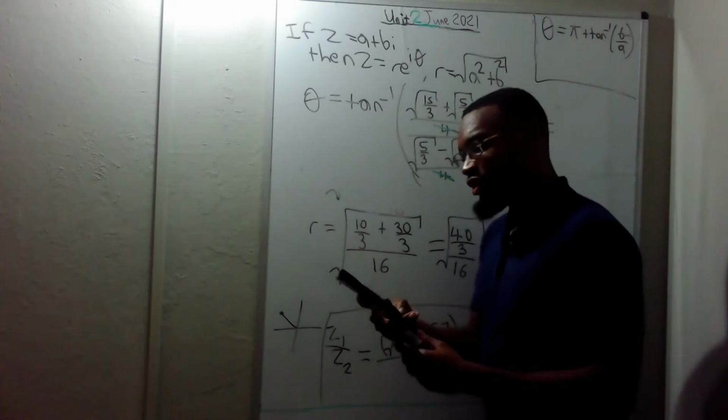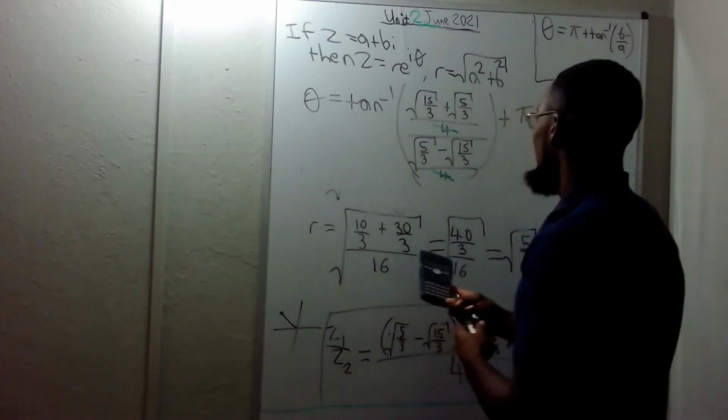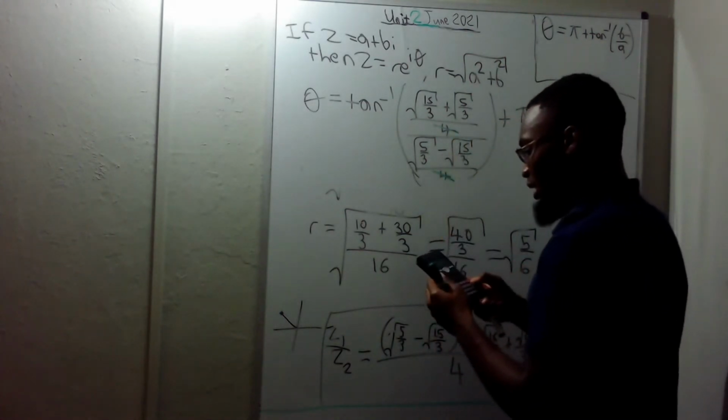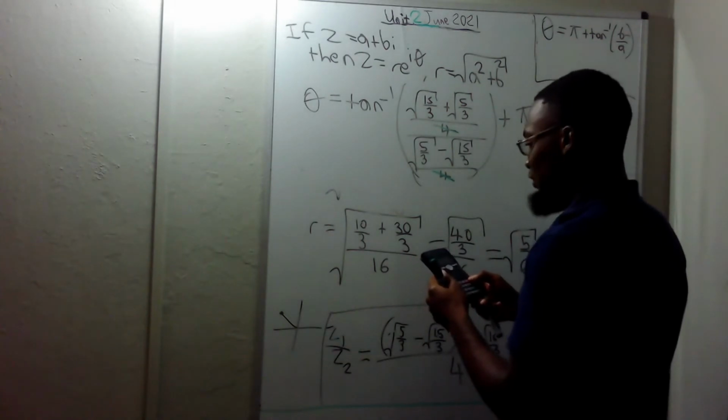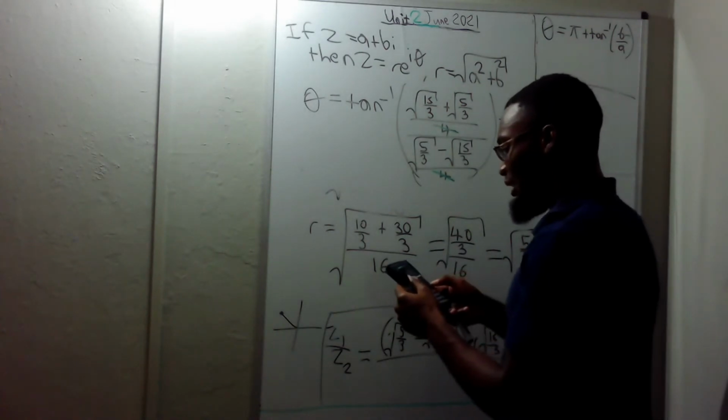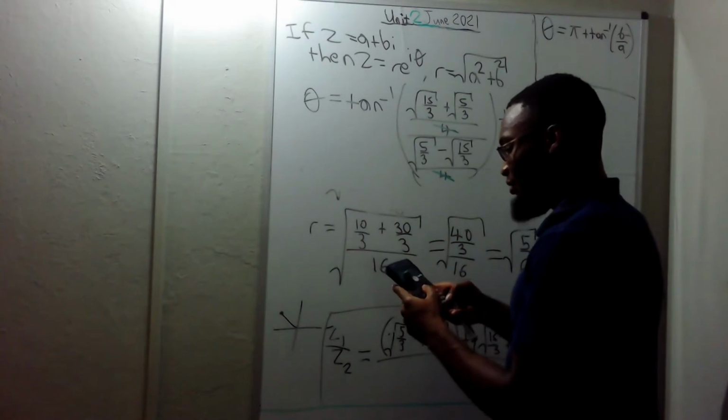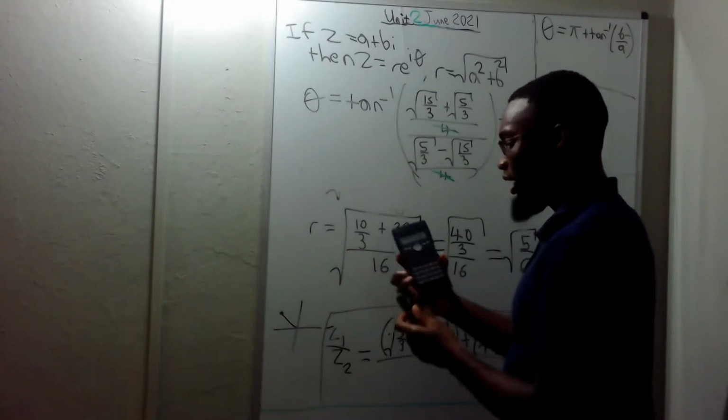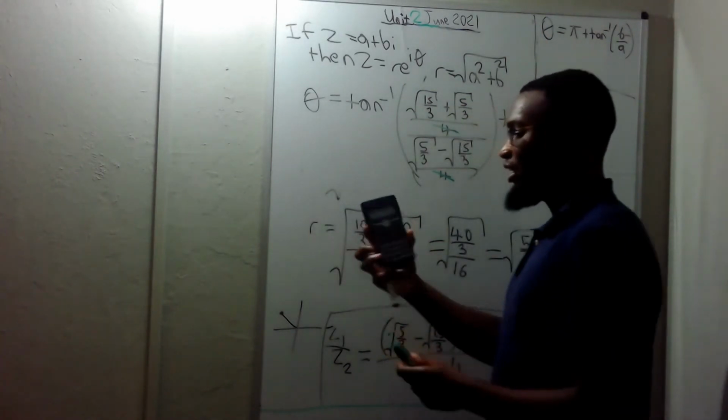I get minus 3.73. So this works out to be minus 3.73. Then I just take tan inverse of that. Tan inverse of minus 3.73 and I get negative 75 degrees.